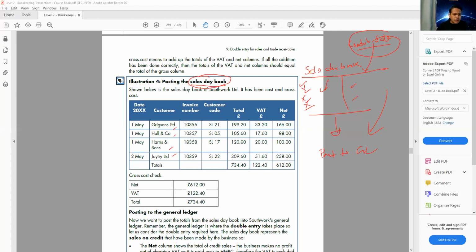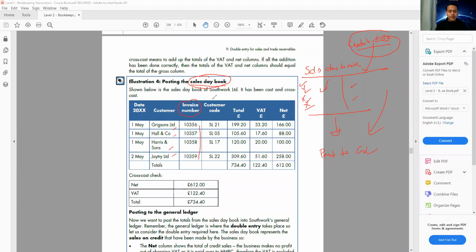Then we have the invoice number. When you make a sale, we send an invoice to the customer, isn't it? The customer pays after receiving the invoice. When a customer buys something from us, after a certain period we send an invoice to the customer and ask, can you make the payment? The customer looks at the invoice, and if everything is correct, they make the payment. So there should be an invoice number.